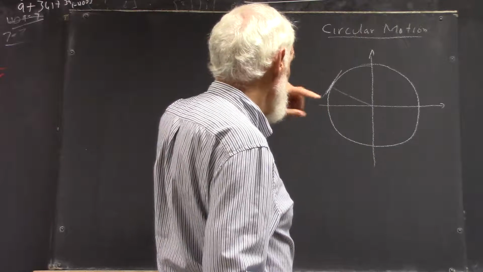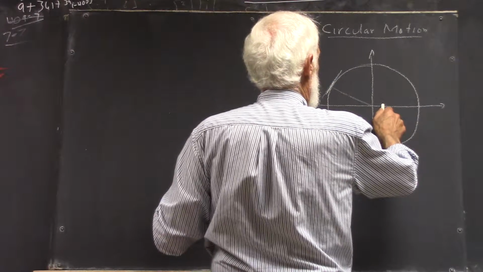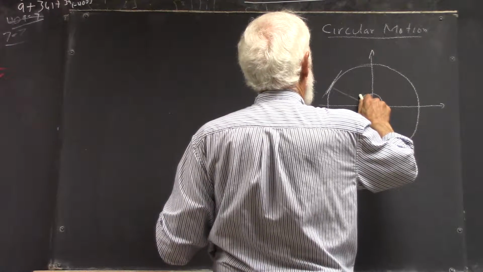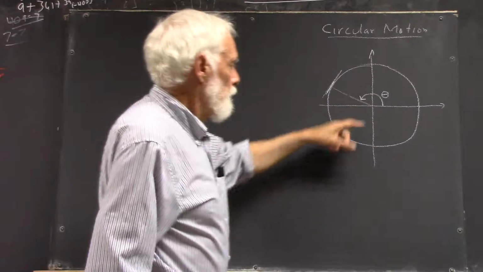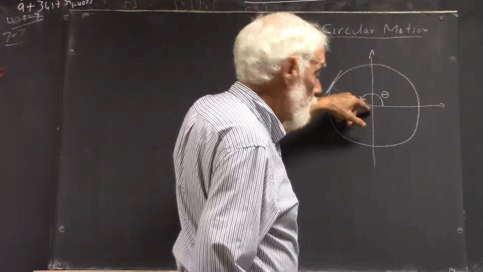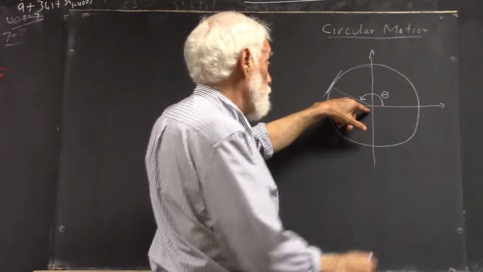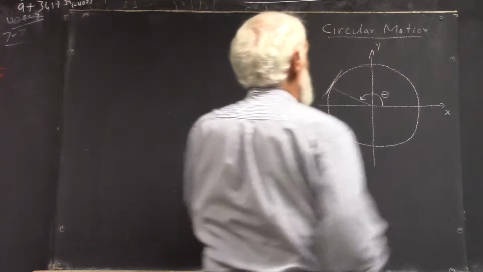And we're going to say that any point on the circle has an angular position that's indicated by the angle, which I'll call theta, between the positive x-axis and a radial line. Now, implicitly, the origin of the coordinate system I'm using is the center of the circle. So we have an x and a y coordinate.